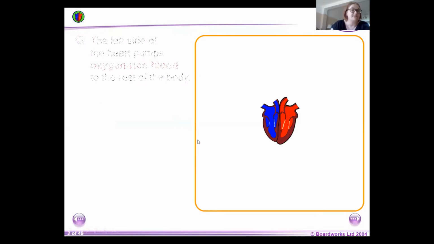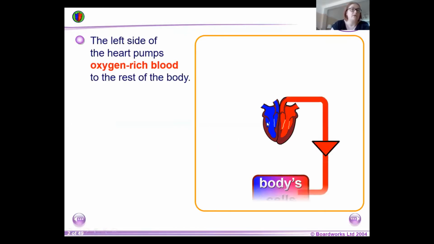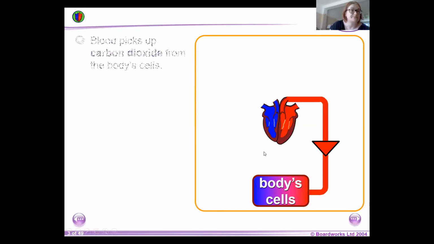So if I click on with my slides, now your heart, we've got two different sides to your heart, and in the diagram that we've got of the heart here, this is what's called the left side of your heart. Now I know really, you look at it, you think that's on the right side. You're just going to have to remember that when it comes to your heart, left is right. And the left side of the heart pumps the blood that's full of oxygen all the way around to your body cells.